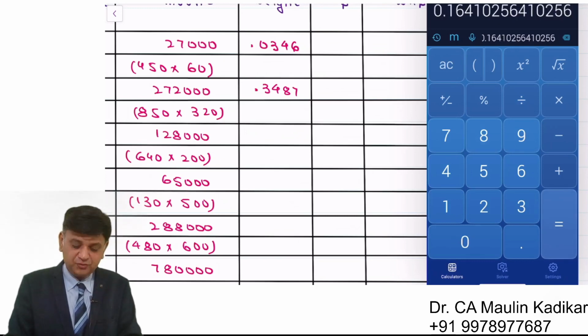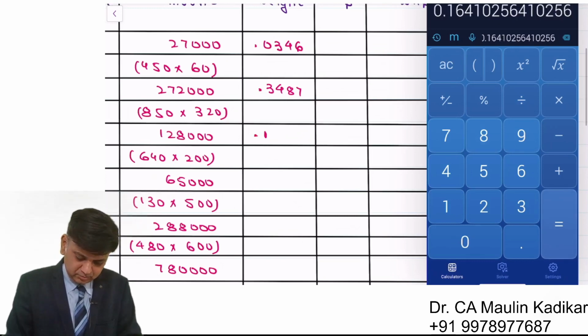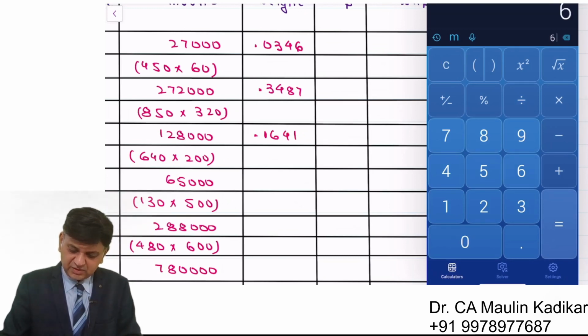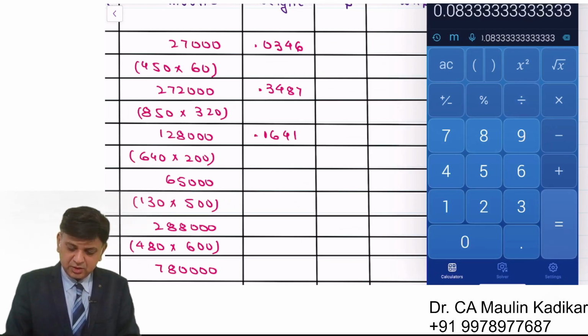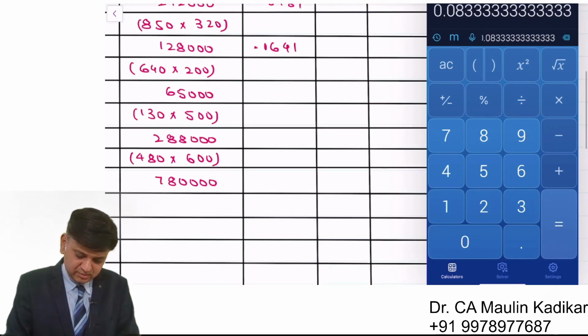So 0.1641. 65,000 divided by 7,80,000. 0.0833.